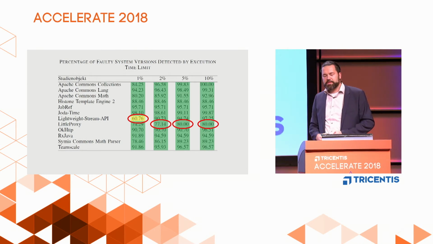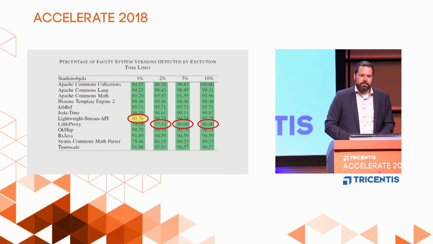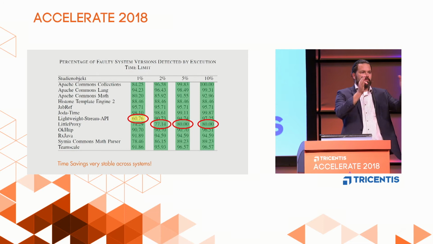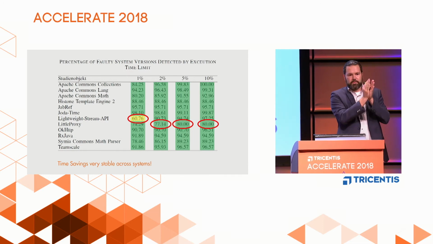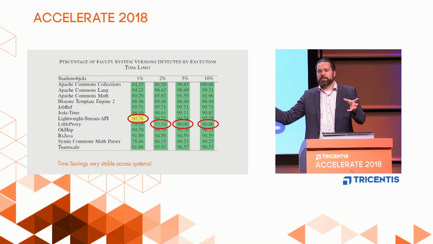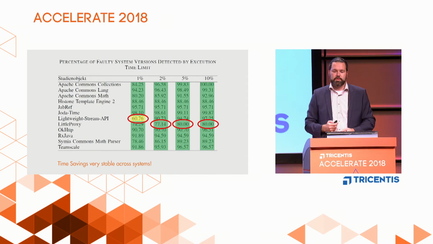So at 2%, we already found more than 90% of the builds that contain faults. And this makes us very optimistic that if you spend a small amount of time during continuous integration on the impacted tests, you can already find a large amount of the bugs that were newly introduced.